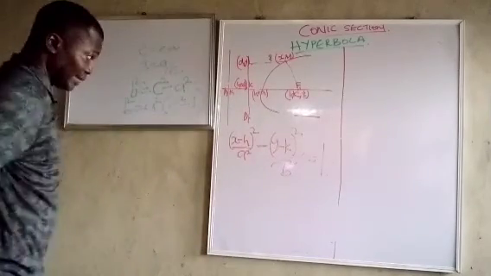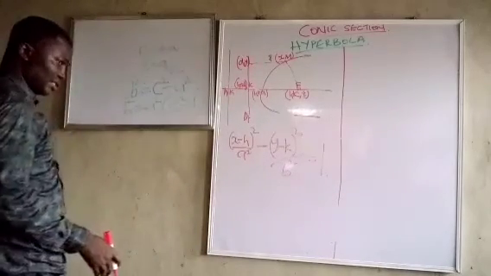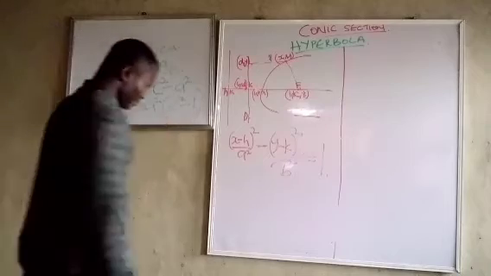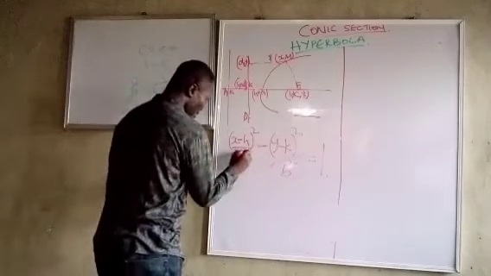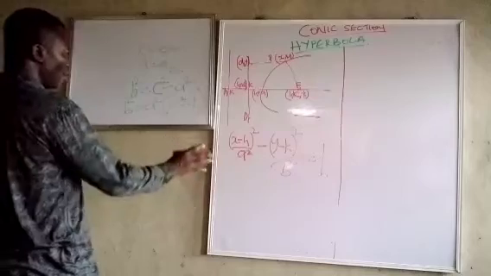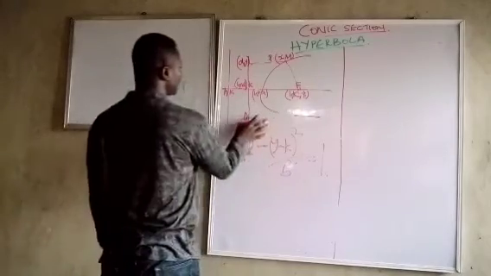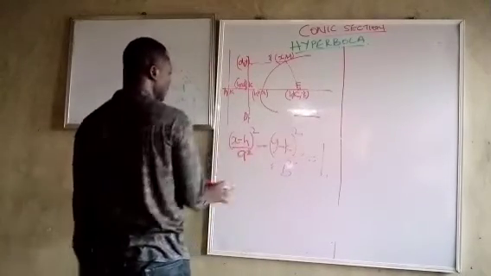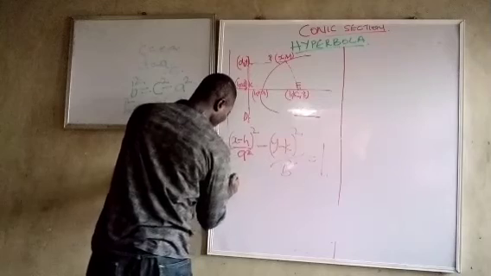By the time I start dissecting it, it will be the same way as we did in ellipse, so I don't want to waste our time. So this is what we have. That is for when the center or reference point is (h, k).